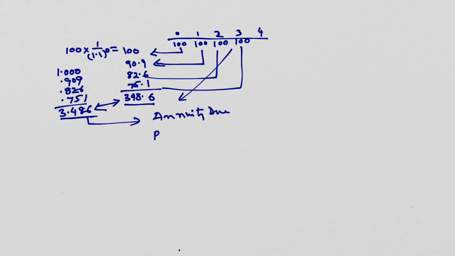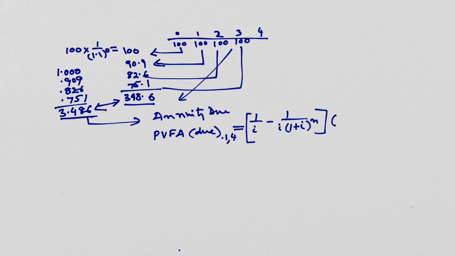So if you want to write the present value factor for annuity due, of course the interest rate is this, years are 4, so if I use this formula raised to n, now there will be an additional term, and the additional term is 1 plus i, because you get it earlier. Now again, if you apply this formula, 10%, 4 years, you will get 3.486. This is called annuity due.